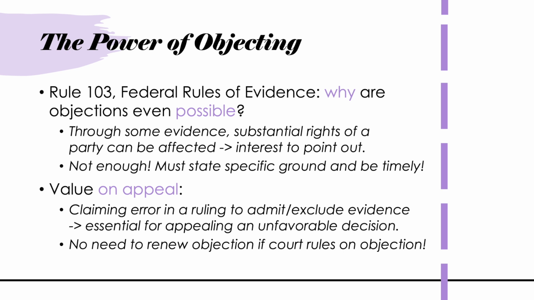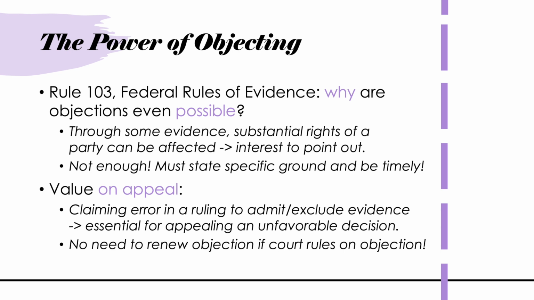There's also a value on appeal for objections, where a claim of error in a ruling to admit or exclude evidence, so an objection basically, hey, we shouldn't admit this, or hey, we should admit this, is essential for an appeal later.